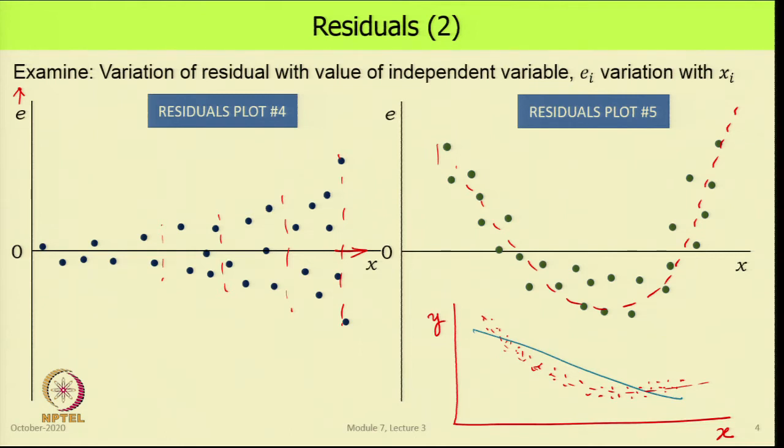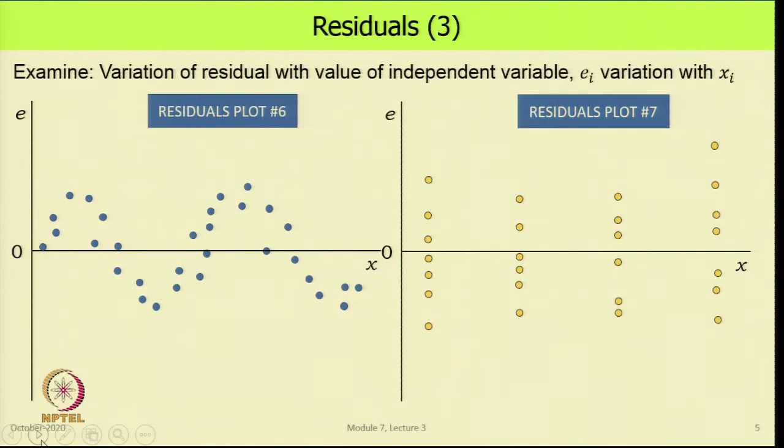So, this is another example. Here is yet another example where the residuals seem to follow a trend, something like a periodic trend like this. So, this tells you that the raw data itself had some trend, and fitting a linear regression to it was not a good idea.